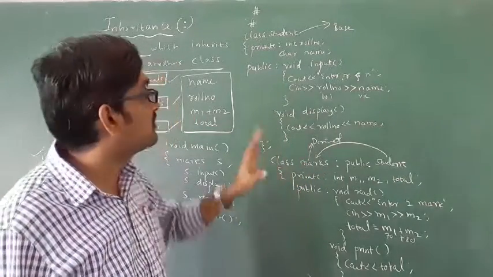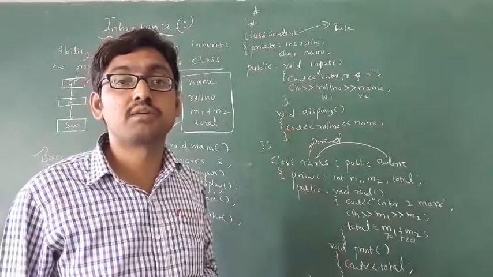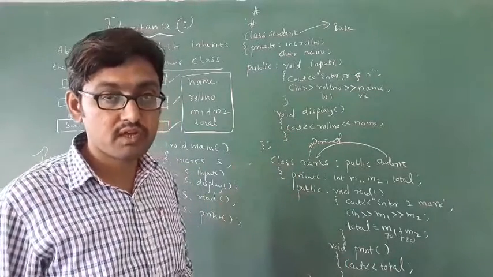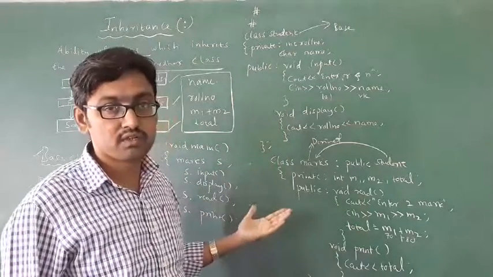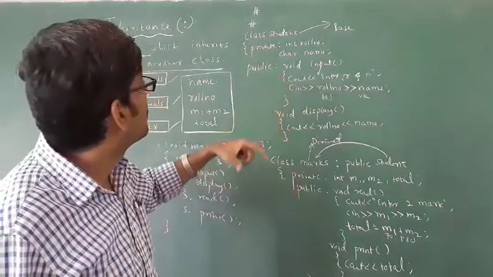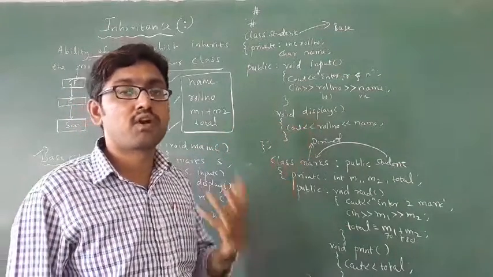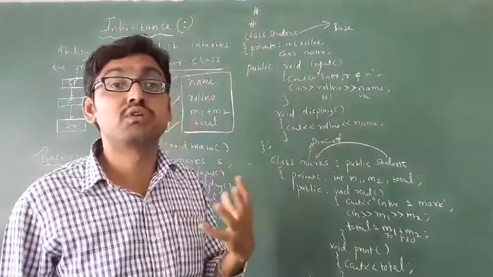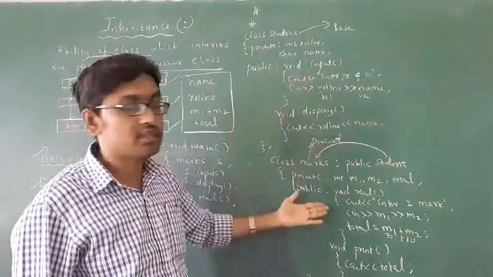This is about how to use the inheritance concept in programs, how to write programs by using inheritance. Then what are the advantages? Code reusability. This code will be reused in this class.